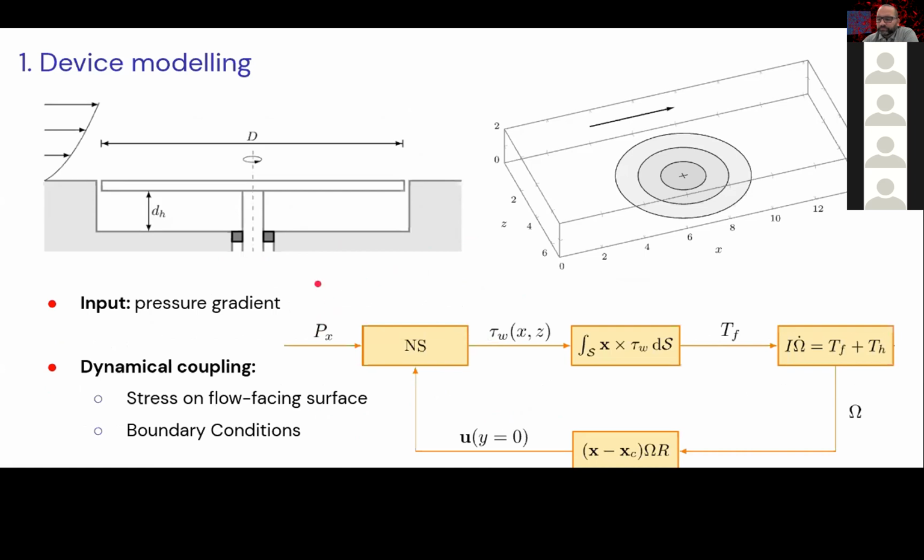The only source of input power is the pressure gradient, which is linked to the fluid flow. It generates the shear stress distribution that integrates on this surface, gives our torque. The torque is plugged into the disk dynamics that produces the angular velocity, which then generates a velocity distribution on the wall, which is then fed back as a boundary condition in the Navier-Stokes equation.